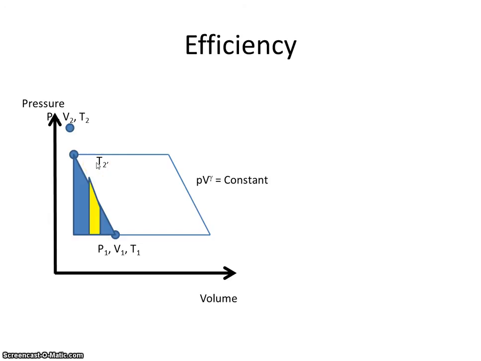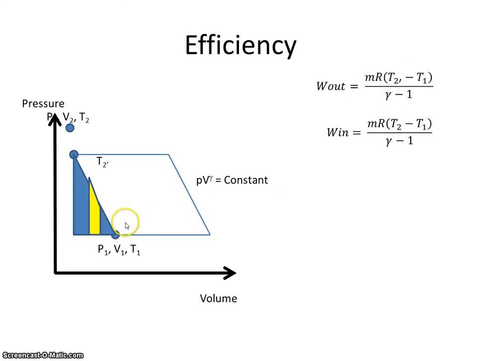But in reality, due to inefficiencies, we're really going to have to aim to compress it up here to get this much out. And by aiming up there, the temperature will be this value here, T2. So that's the reality, this is the ideal. So the work out, what we actually get out, is MR(T2 ideal minus T1) over gamma - 1.